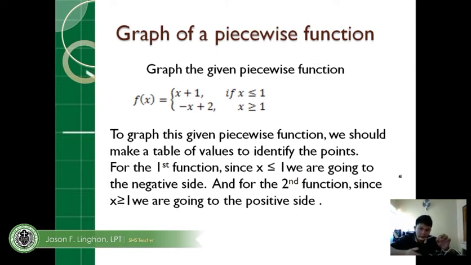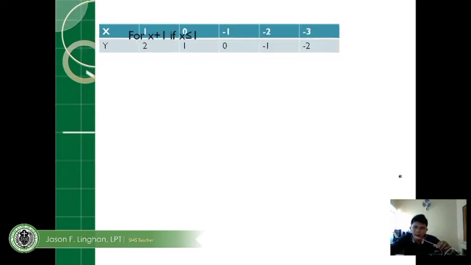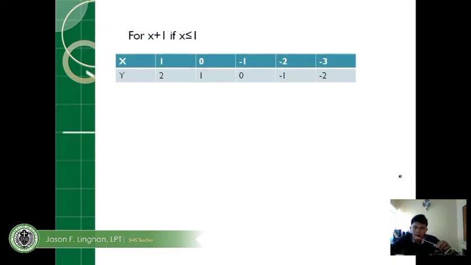Okay? From 1 up to 2, 3, 4, up to positive infinity. Okay. So, we are going to make a table of values. So, x plus 1 if x is less than or equal to 1. Ito yung table of values natin. From 1, no? From 1 up to negative infinity.